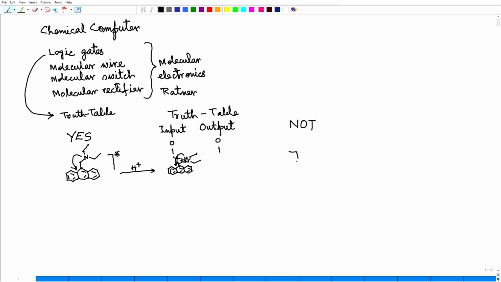Nitrogen, and then I get here benzene, a carboxylate group.